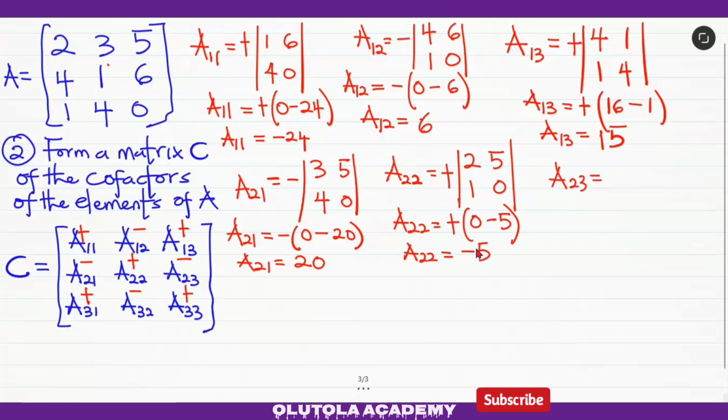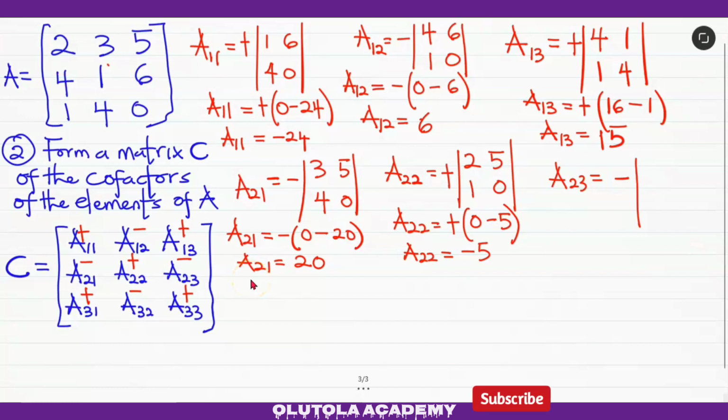A23 is negative. A23 is this slot, so I close this colon up, and I close this row up also. So if I do that, I'm going to have 2 3 1 4.